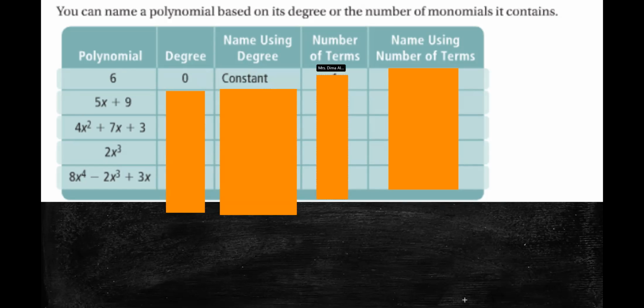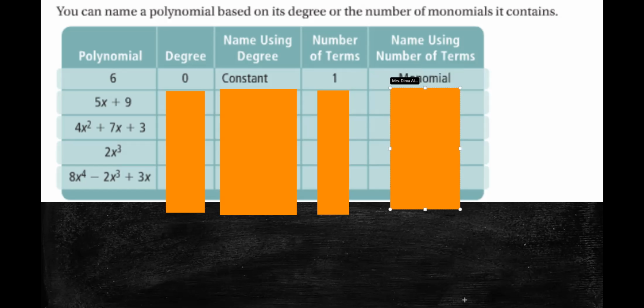How many terms here? We have only one term. Because we have only one term, we name it a monomial.